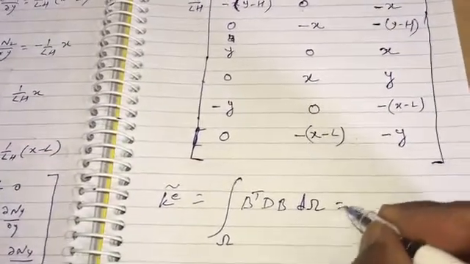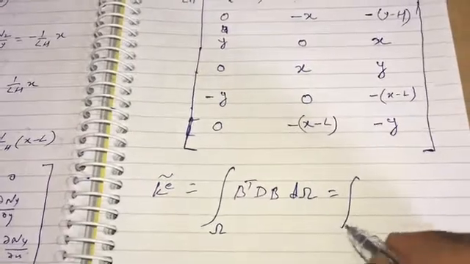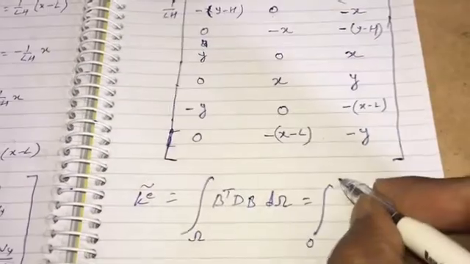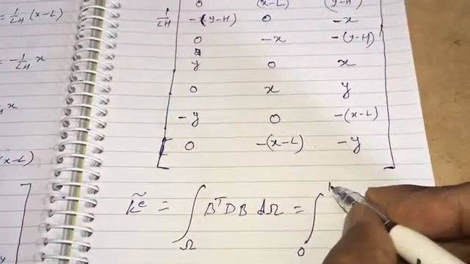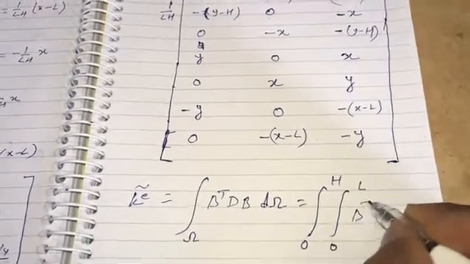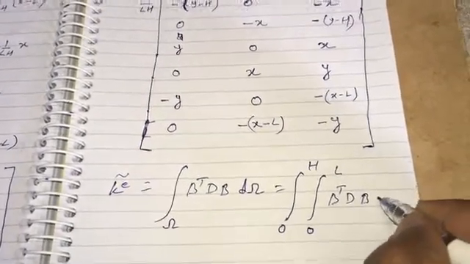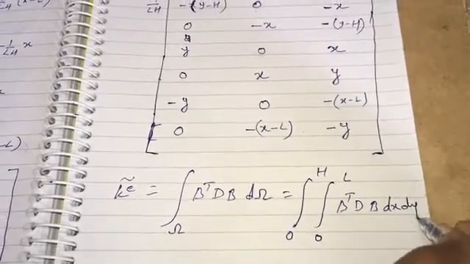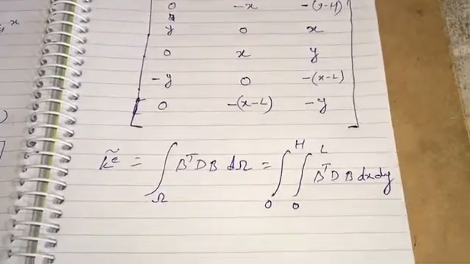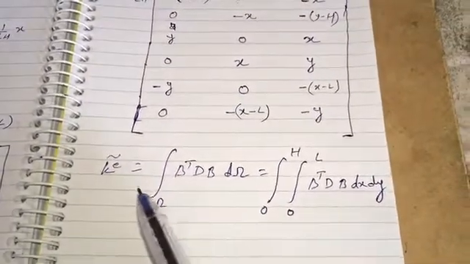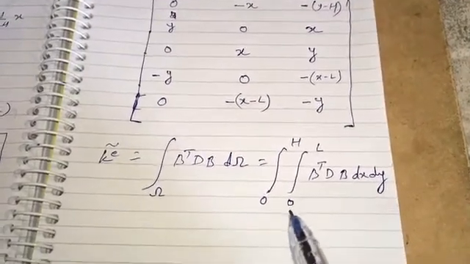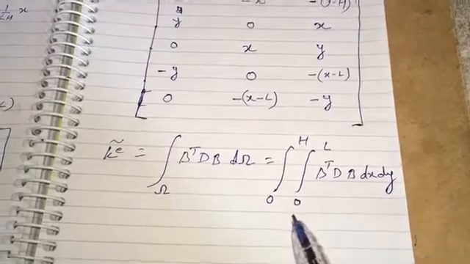So we can write it as y will vary from 0 to h, and x will vary from 0 to L, and then we have B T D B, and then dx dy. This can be easily integrated analytically as well as numerically.